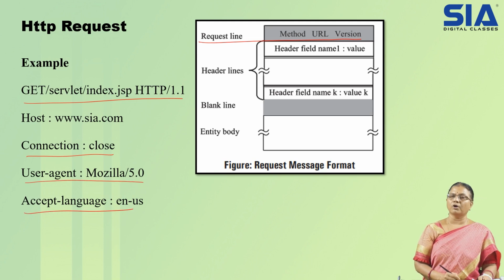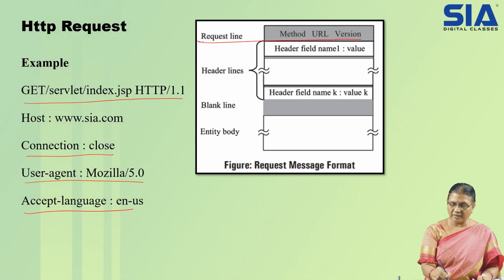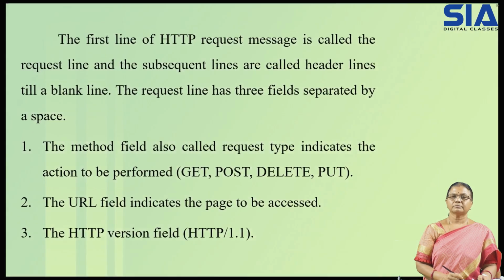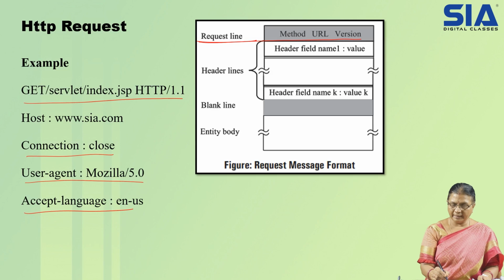This is how the format will be, as shown in the figure. The first line of the HTTP request message is called the request line. Subsequent lines are called header lines, until the blank line. You can see here the header lines and the blank line.